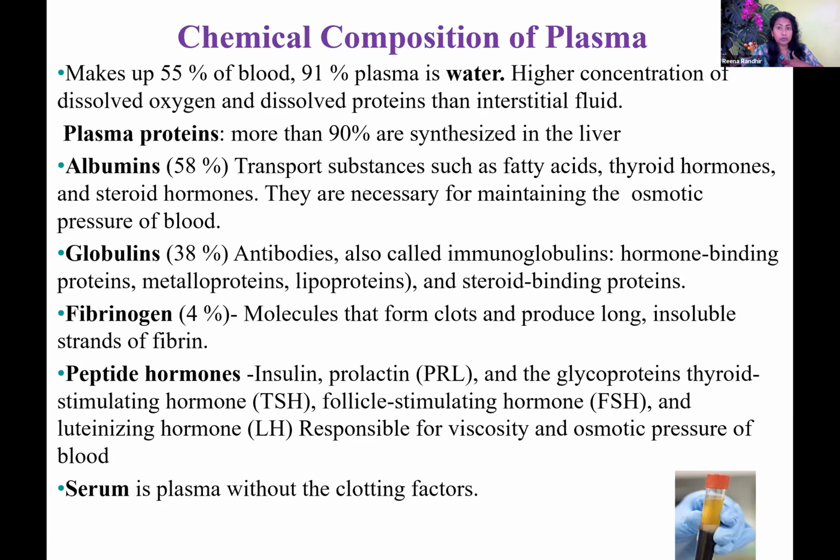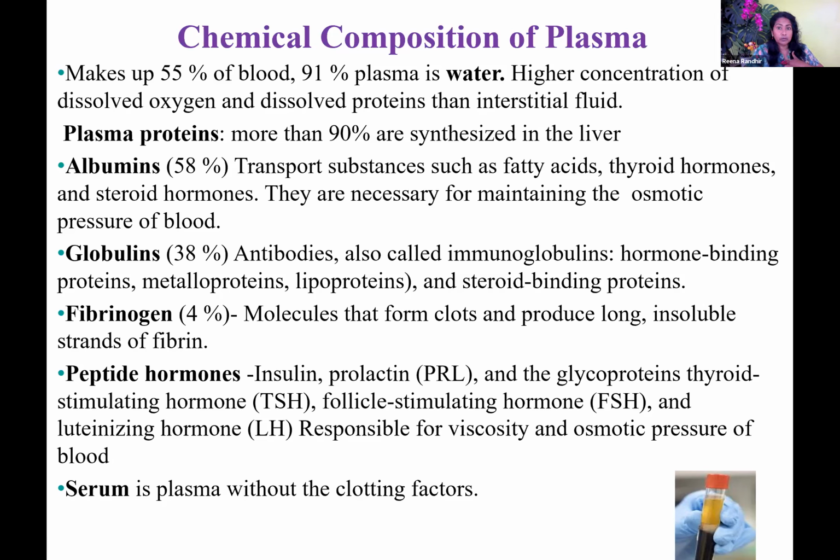That's why blood is viscous, and it's so important. It has to be the right viscosity, because that will keep water in the blood. It is maintaining the water balance of the blood, which is related to blood pressure and blood volume. They also transport fatty acids and steroid hormones, like thyroid hormones.